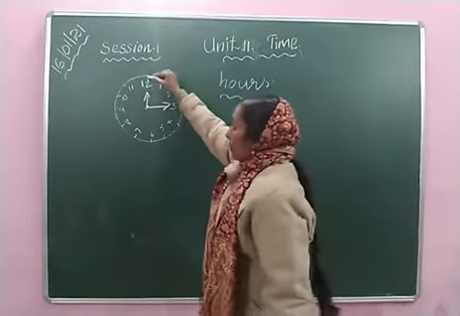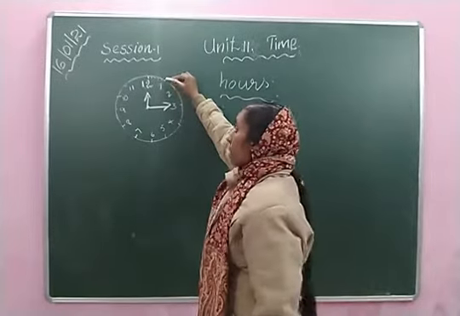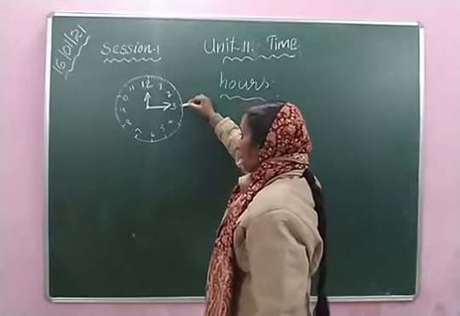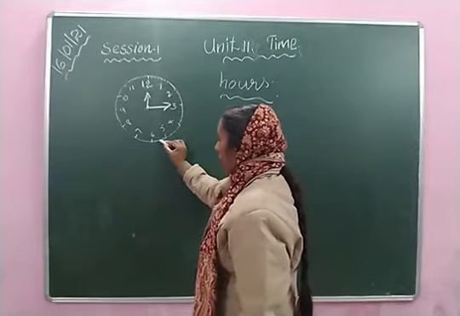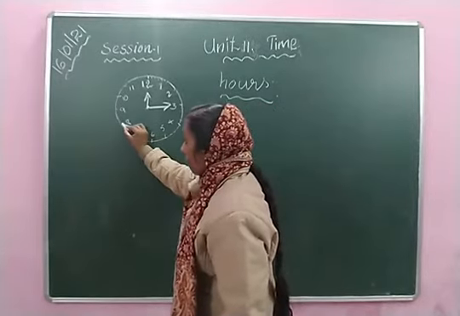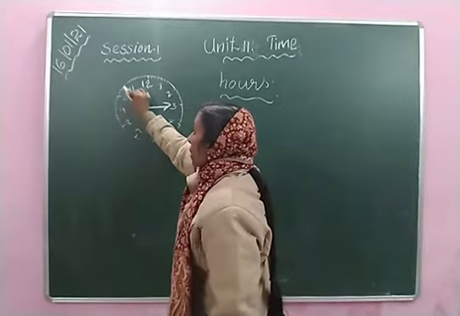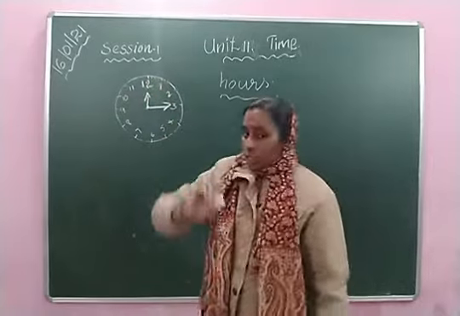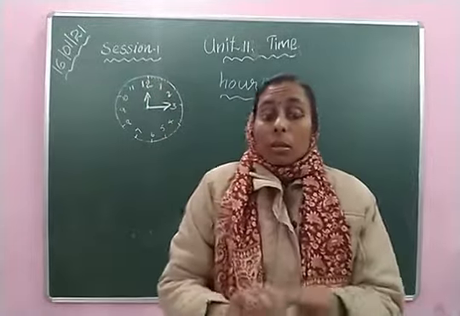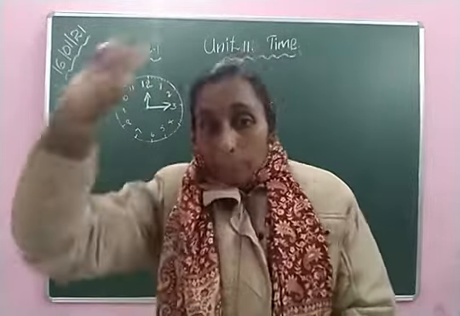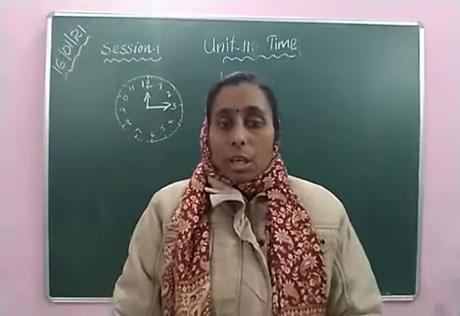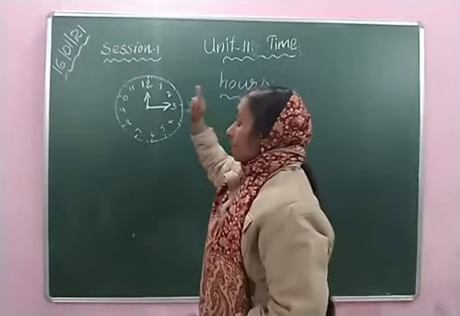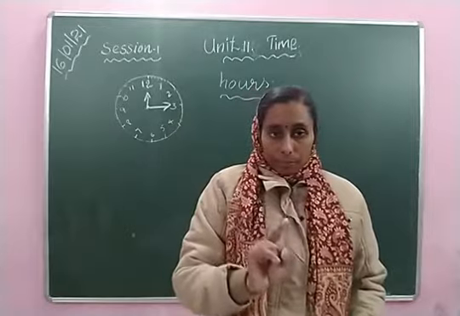Just see, from here to here it's 5 minutes, then 10, 15, 20, 25, 30, 35, 40, 45, 50, 55 and 60. The minute hand takes 60 minutes to complete one rotation of the clock.